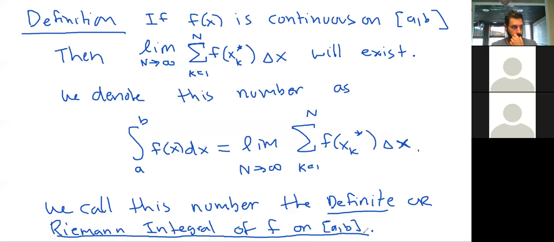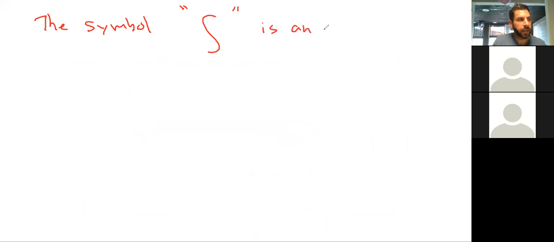Okay, so let's talk about some of what these things mean. We've introduced a new symbol. The symbol is an elongated S. Why would we choose S?